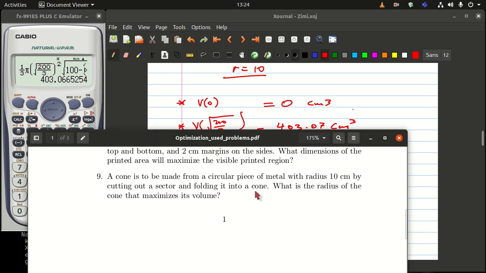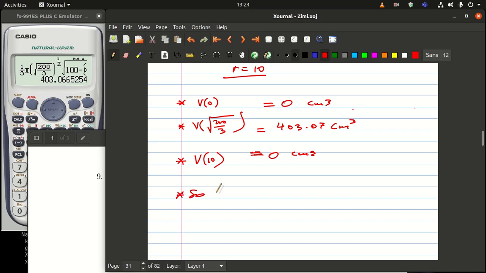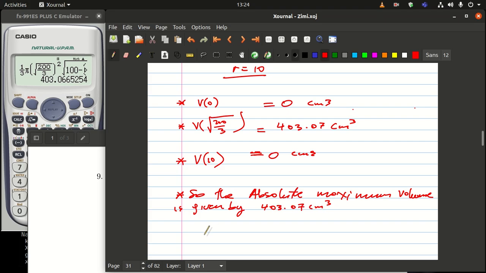And then if you look into this one here, we wanted to maximize the volume, so the absolute maximum volume is given by 403.07 centimeter cubed, with, what is the value of r?